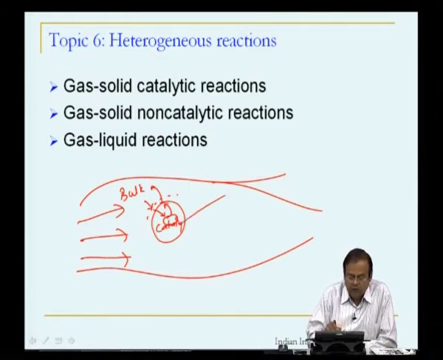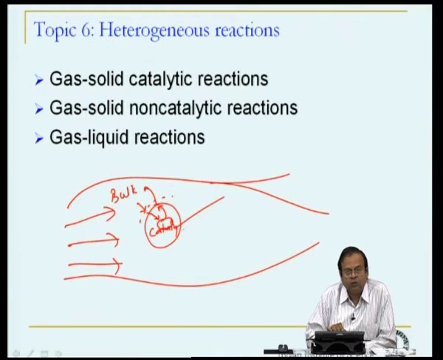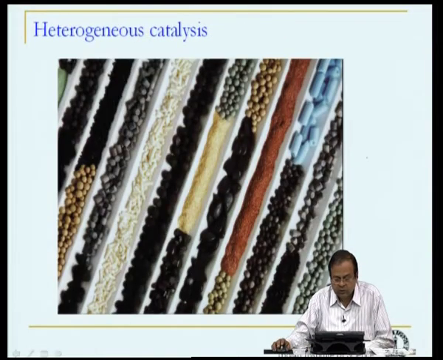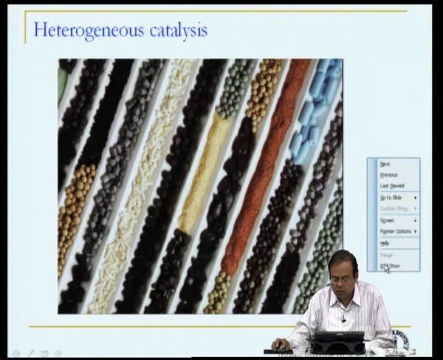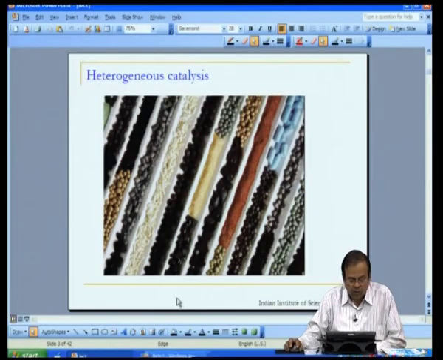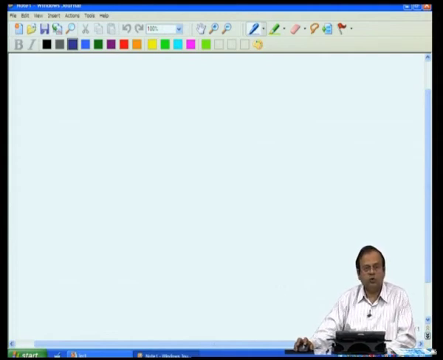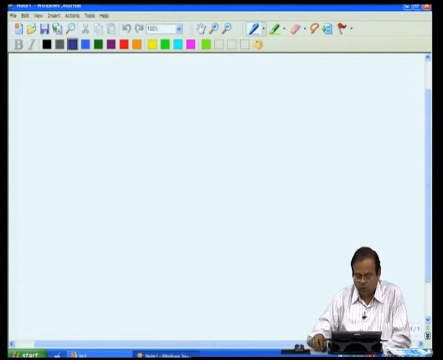So, while we discussed these chemical reactions so far, we would now start discussing this transport from the bulk to the surface and from the surface to the inside of the catalyst pellet. So, let us look at what happens when we have the catalyst which is exposed to the gaseous reactants and products.